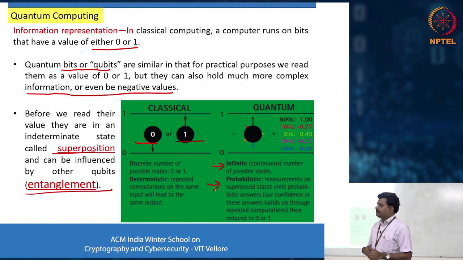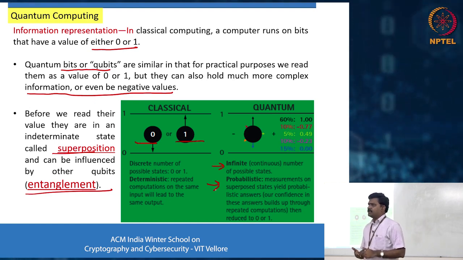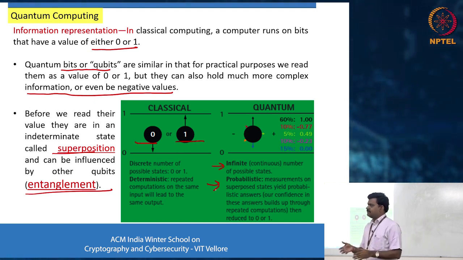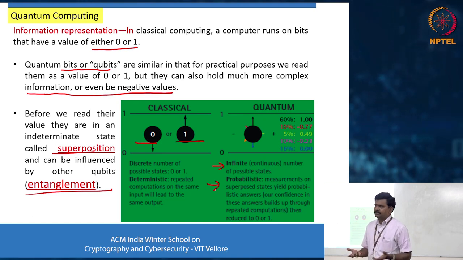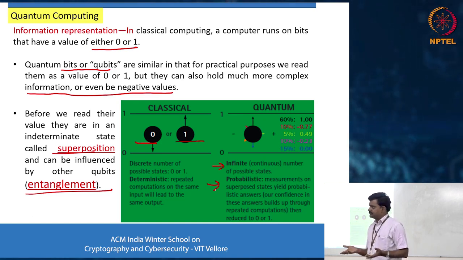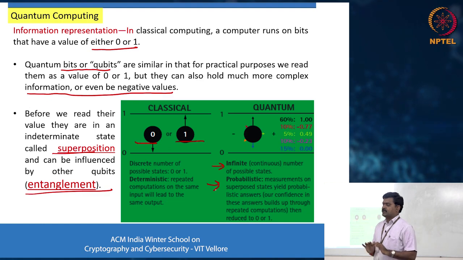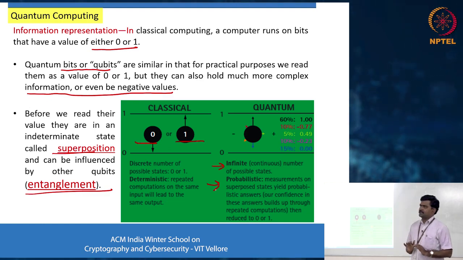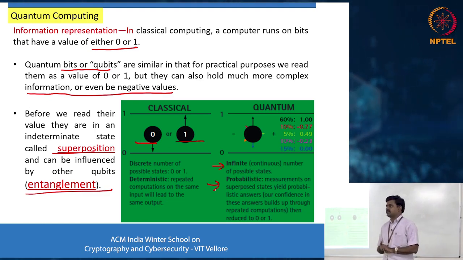You can't run an algorithm giving an input and it gives one output, and another time when you run the algorithm, it gives a different output. You can't go with such algorithms. So classical are deterministic, quantums are probabilistic in nature.